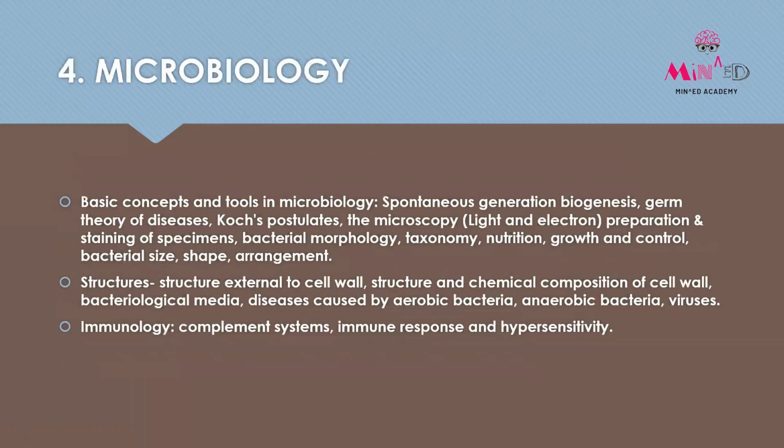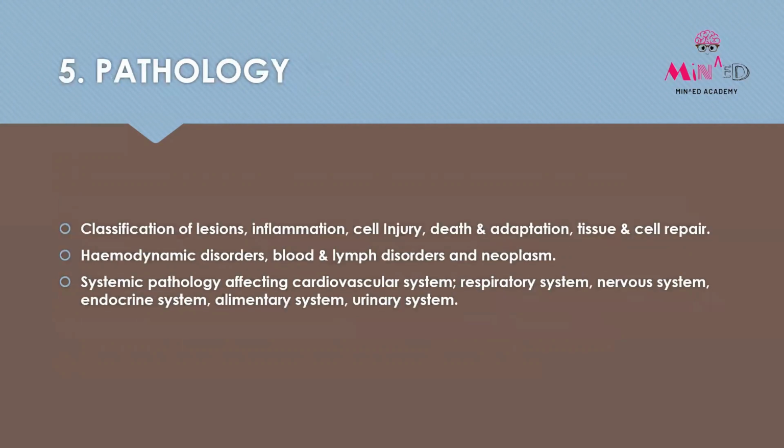Next we have microbiology. Here are some basic concepts like germ theory, Koch's postulates, microscopy, preparation, then staining of specimen, the structure of cell wall, chemical composition of cell wall, then immunology. Then we have pathology.